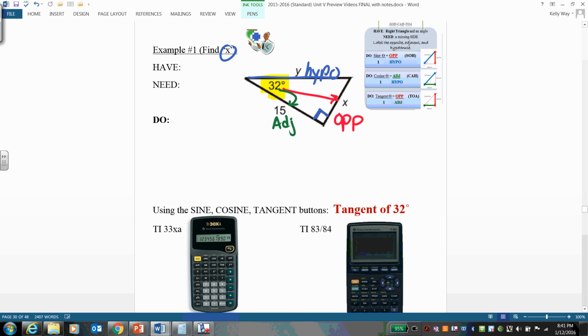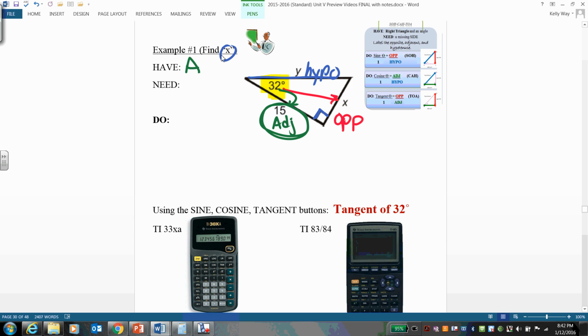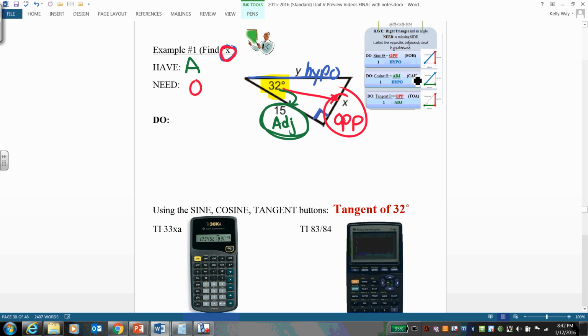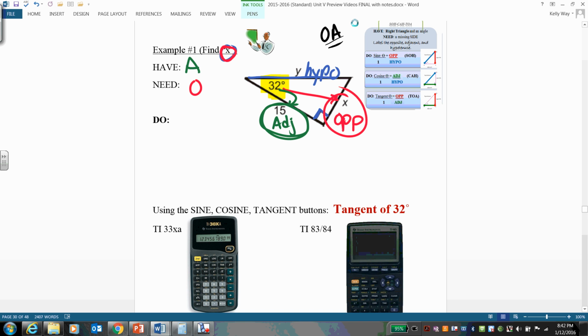So in this case, we have the adjacent side. And if we're looking for X, we want the opposite side. Now notice I have an AO combo, although we don't write it AO. All right, we write it OA. Doesn't matter which way those go, but you always put the O first. I have an OA combo. So you come over here and you look and you ask yourself what goes with OA.